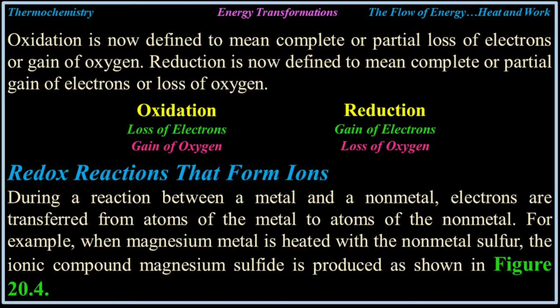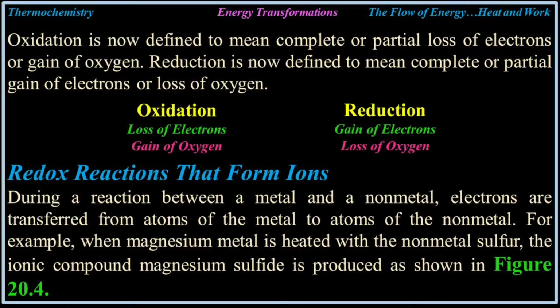Redox reactions that form ions. During a reaction between a metal and a nonmetal, electrons are transferred from atoms of the metal to atoms of the nonmetal. For example, when magnesium metal is heated with the nonmetal sulfur, the ionic compound magnesium sulfide is produced as shown in Figure 20.4.